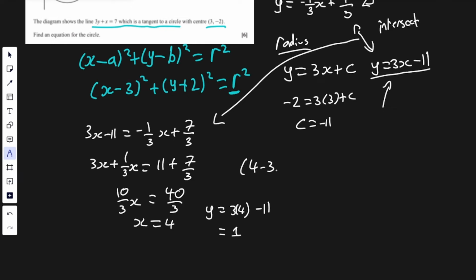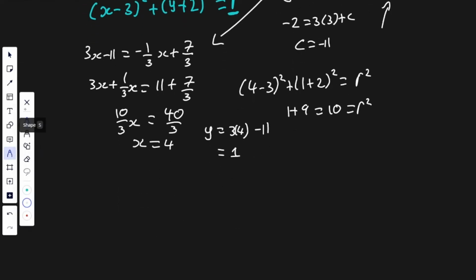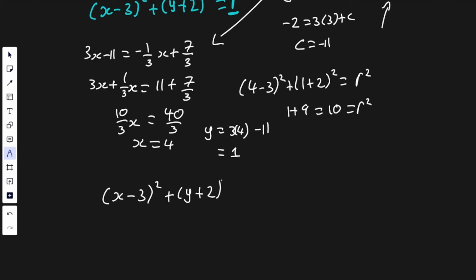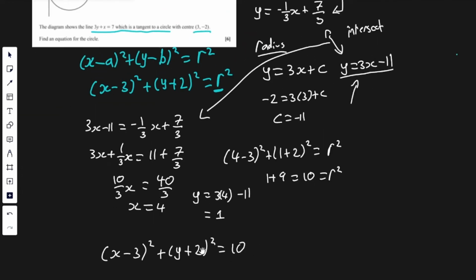So 4 minus 3 squared plus 1 plus 2 squared equals r squared. And well, that's 1 plus 9, which is 10. So we get that our equation of our circle is x minus 3 squared plus y plus 2 squared is equal to 10. It didn't ask us to find the radius, it just wants the equation of the circle. That's what we've done by doing this.